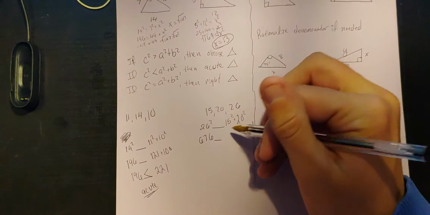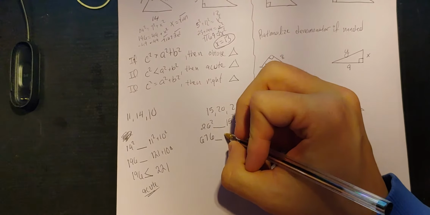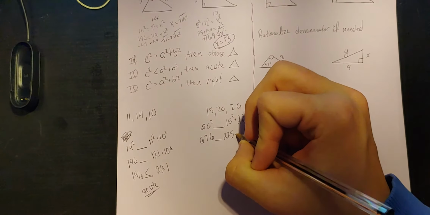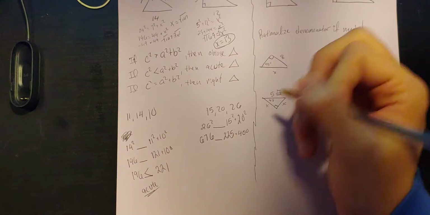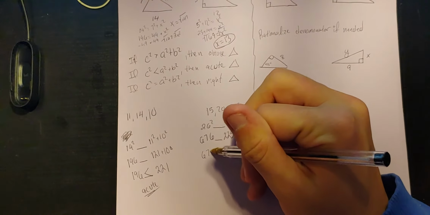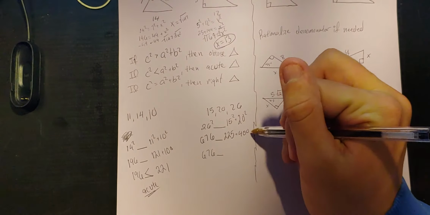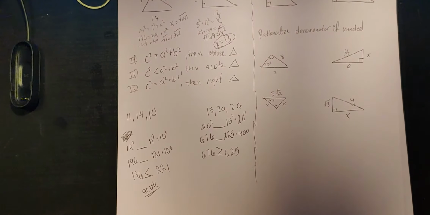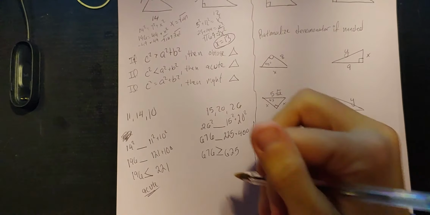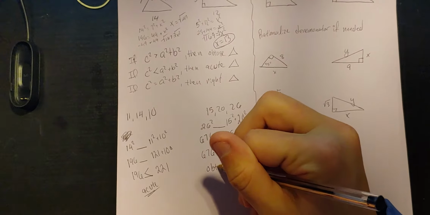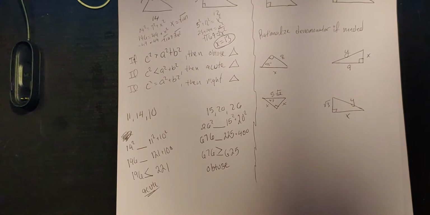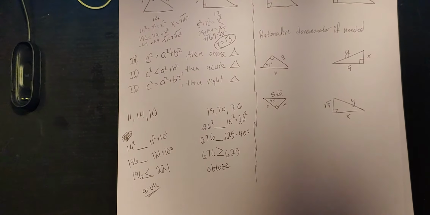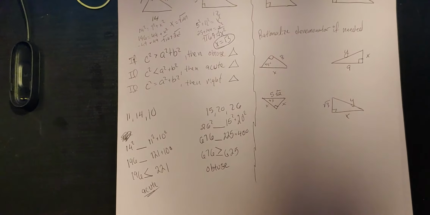Blank. 15 squared is 225. 20 squared is 400. So 676 blank, and then these two added together, 625. Because our c squared was bigger this time, we have an obtuse triangle. So that should be pretty straightforward. Easy group of problems for this section.